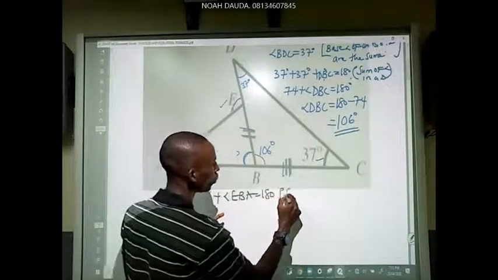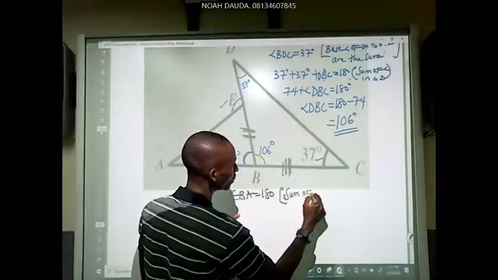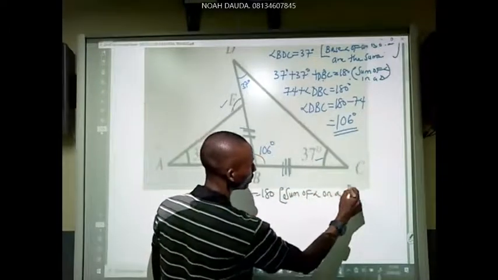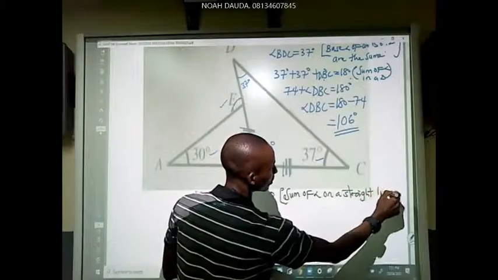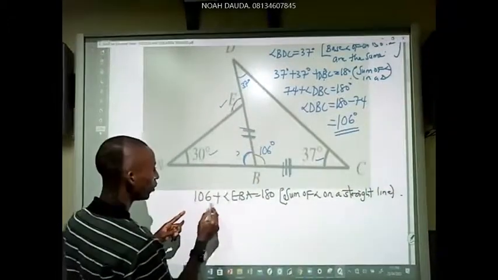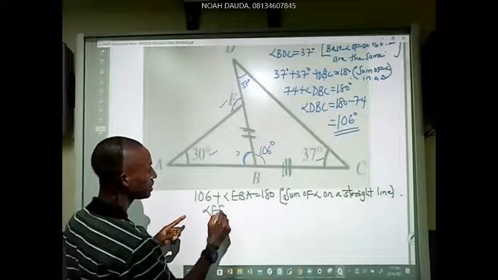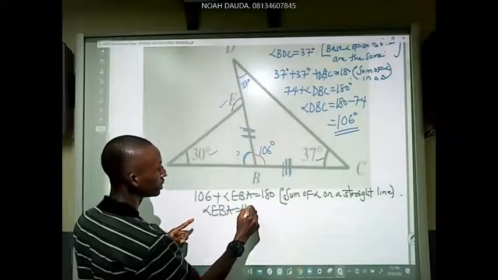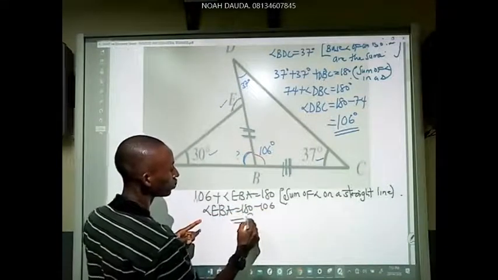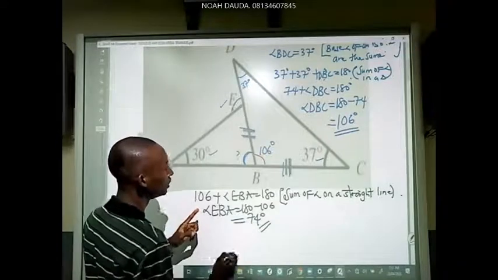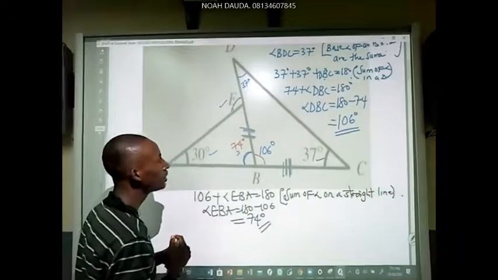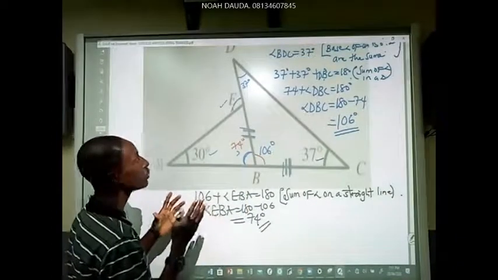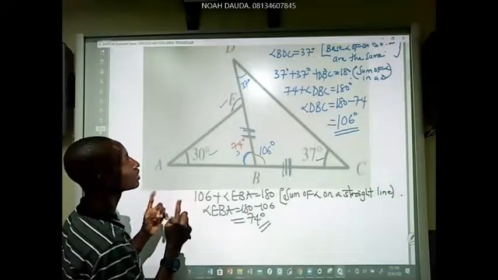Why? The sum of angles on a straight line. Now, having done that, automatically your angle EBA is equal to 180 minus 106, which is equal to 74 degrees. So therefore, this angle is 74 degrees.